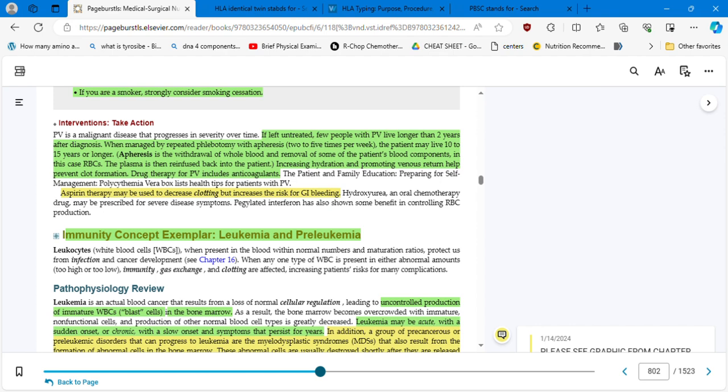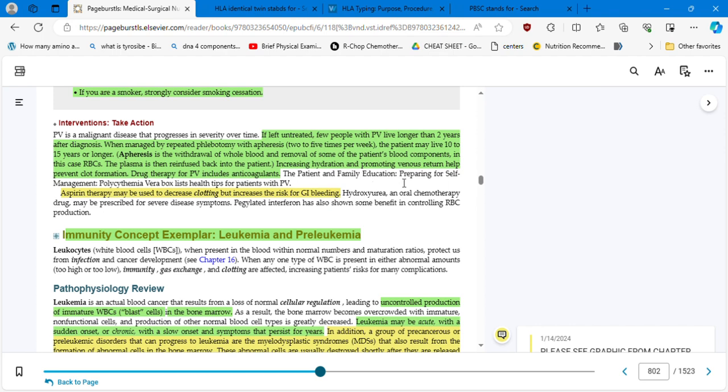So these patients that have excessive RBCs go for the phlebotomy, and a certain amount of RBCs is going to be removed. This blood is going to be filtered and then infused back into the patient, okay? Apheresis is the withdrawal of whole blood and removal of some of the patient's blood contents. In this case, RBC; the plasma is then reinfused back into the patient.